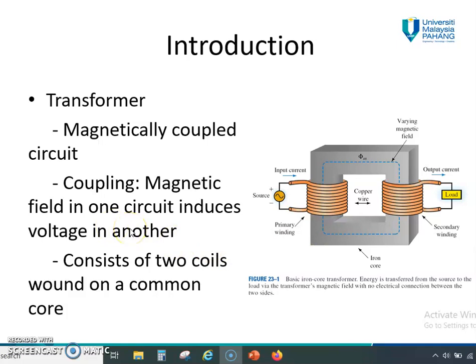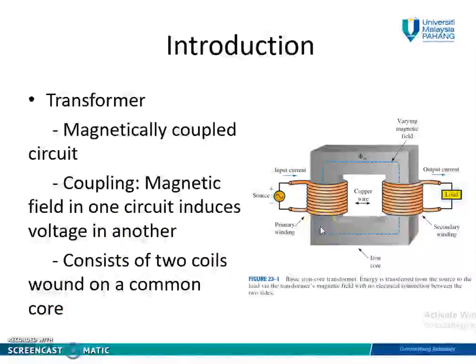Okay, so how does the transformer work? When alternating current flows through any of the windings, flux will be produced surrounding the windings. The magnitude of this flux is proportional to the magnitude of the current flowing through the windings.